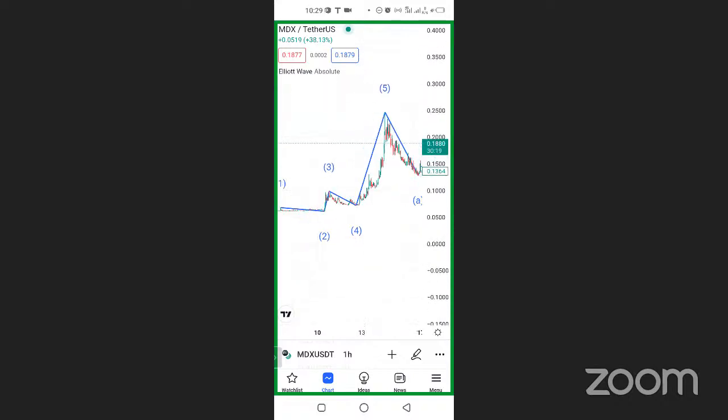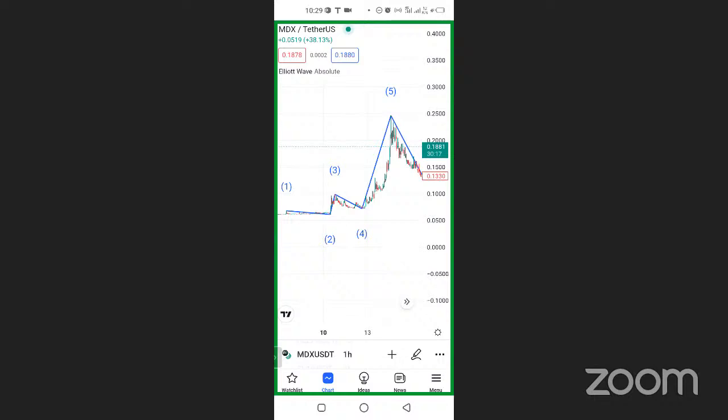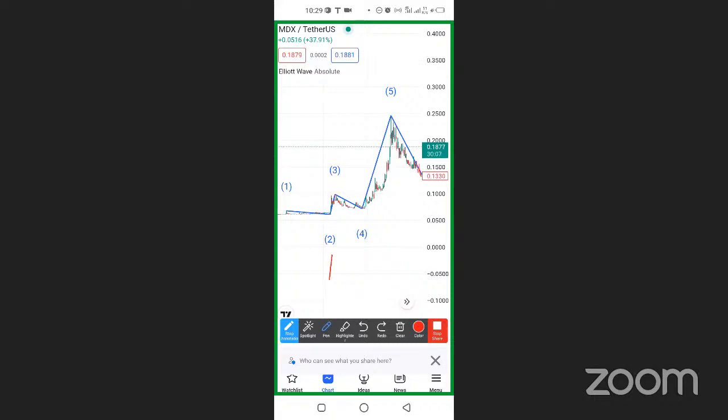Now, the Elliott wave is a strategy that was developed a very long time ago, in the 1930s. It was developed by a person named Elliott; the way you pronounce it doesn't matter.